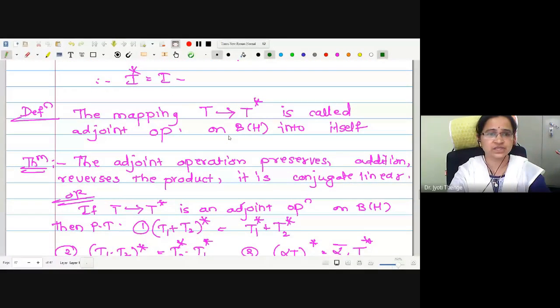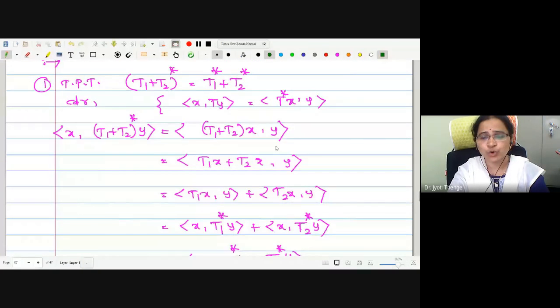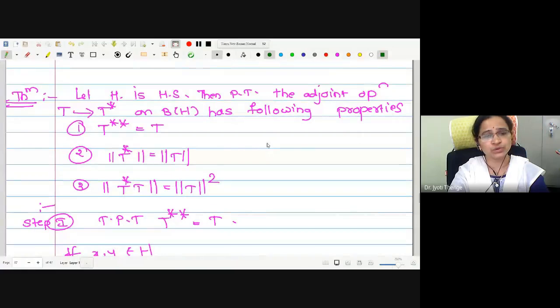Next, we have written that the mapping T to T star is called the adjoint operation on B(H) into itself, because it takes an operator to its adjoint operator. Later, some properties we have seen: the adjoint operation preserves addition, reverses the product, and is conjugate linear. One proof I have shown you, and I have told you to do the remaining proofs. I hope you have completed all those proofs.